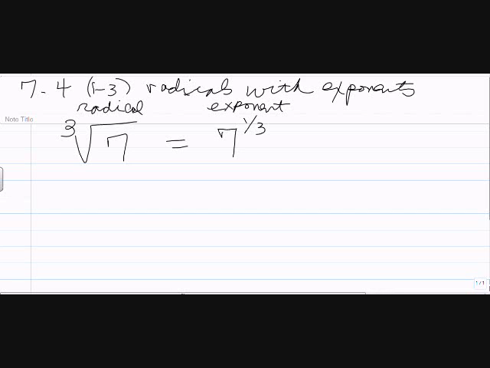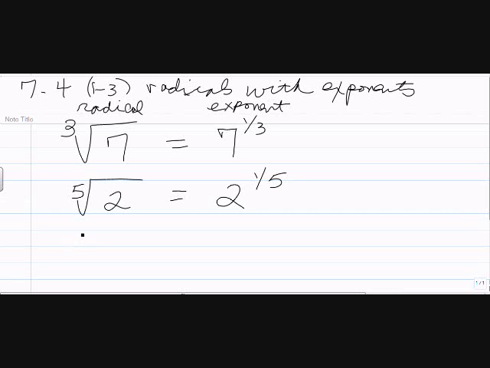What's happening is I'm taking fractional exponents and making them make sense. They actually are radicals. So if I have the 5th root of 2, I can rewrite that as 2 to the 1/5 power.